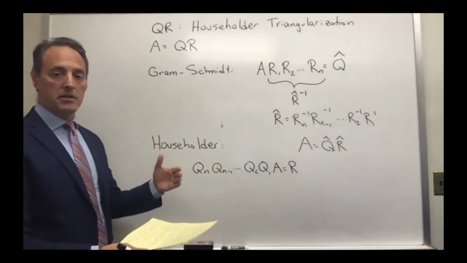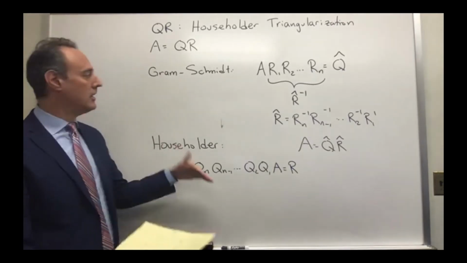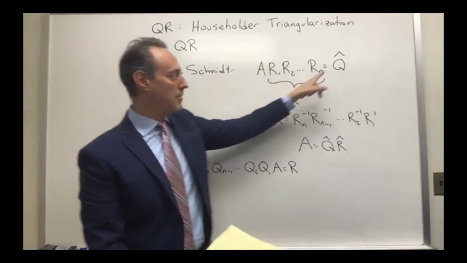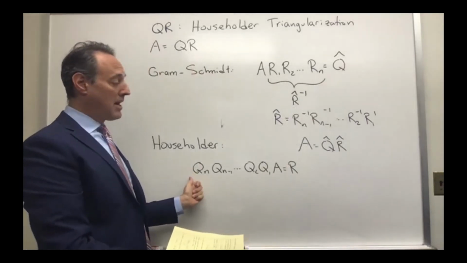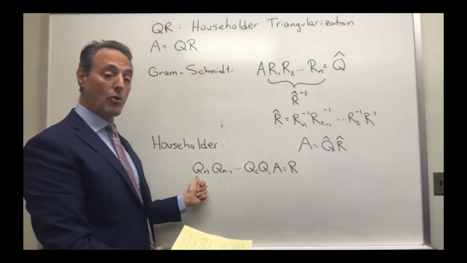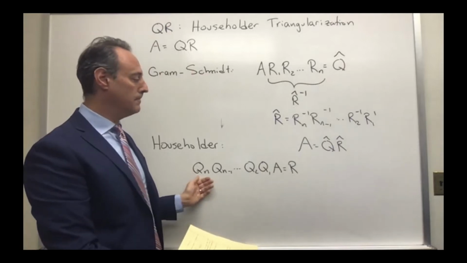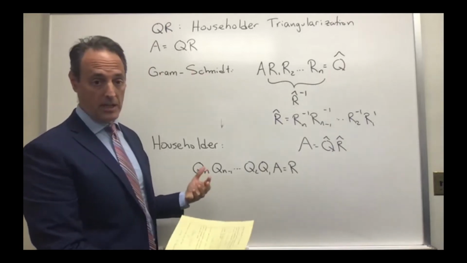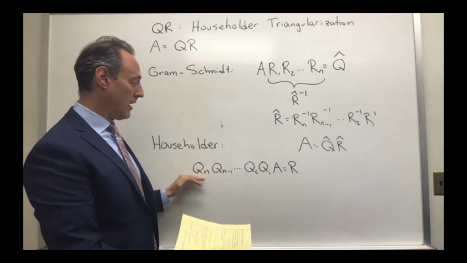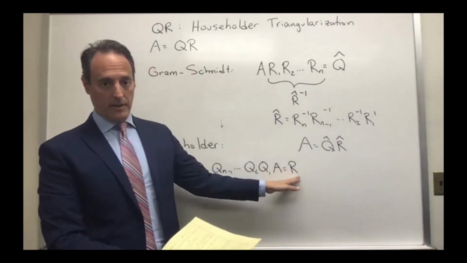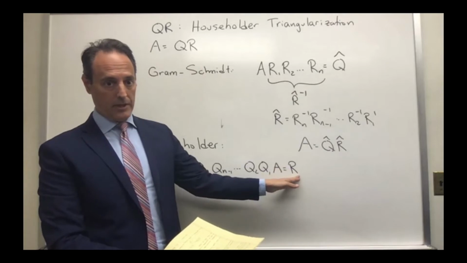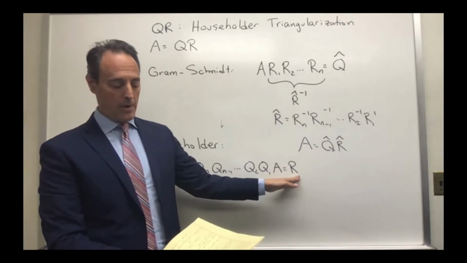So notice the difference, shift in tack. Here, multiply on the right to produce orthogonal columns. Here, multiply on the left by these Q matrices. And by the way, these are going to be orthogonal projectors. That's why I'm representing them as Q, Q1 through Qn. Multiply a bunch of orthogonal projectors so that I can create an upper triangular matrix on the right.